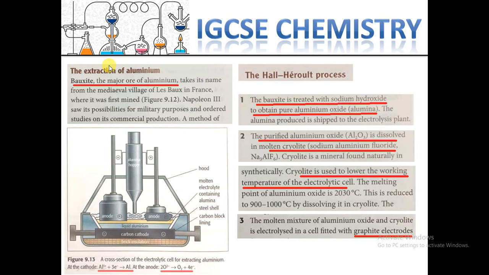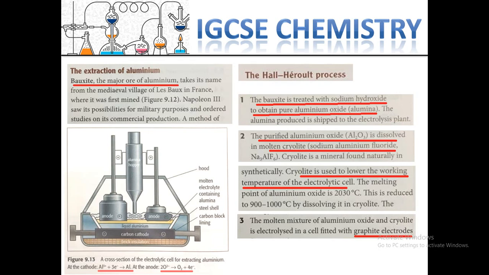For the extraction of aluminium, the major ore, meaning the natural compound which contains a certain metal, for example bauxite, is the major ore which contains aluminium. That means it has a lot of aluminium, and is the best resource to extract aluminium.